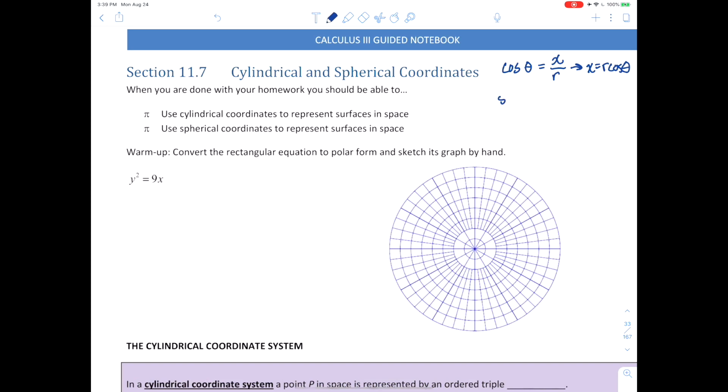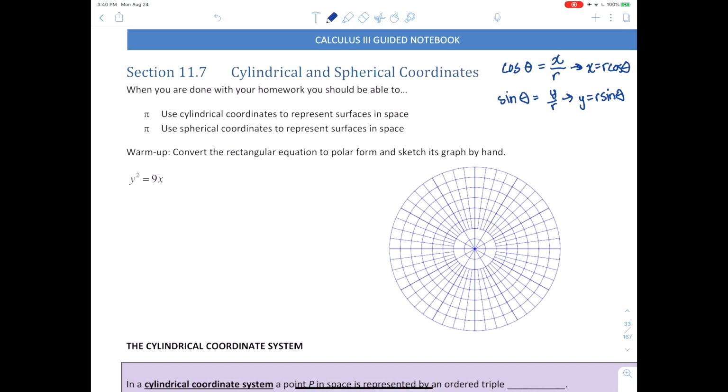And sine theta, similarly, is y over r, which gives us that y is equal to r sine theta. Groovy?